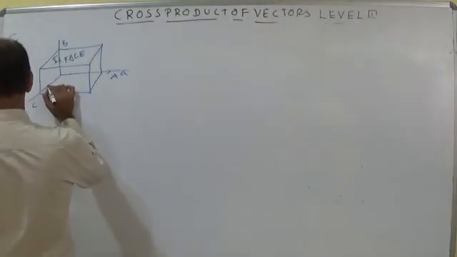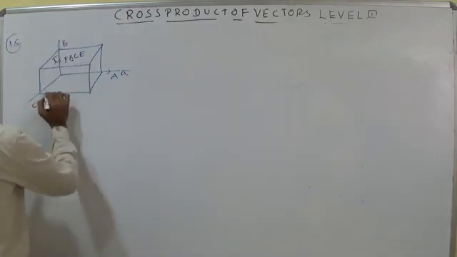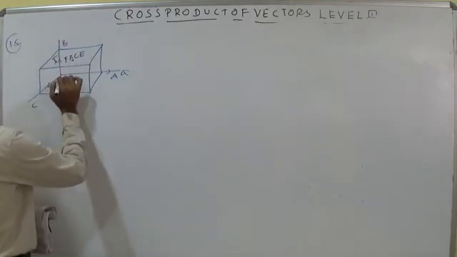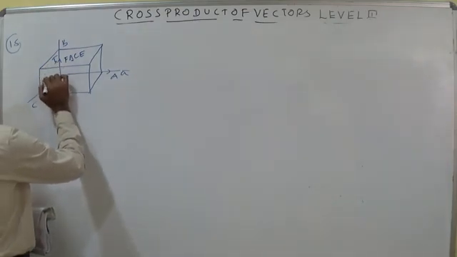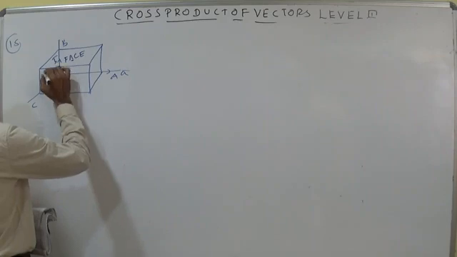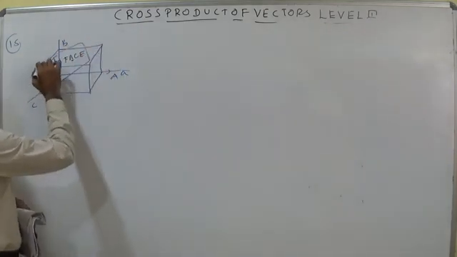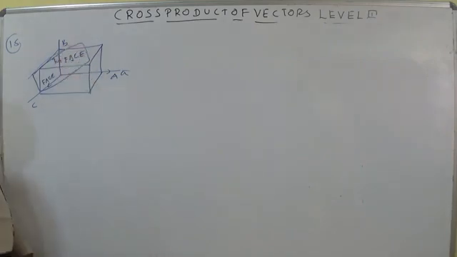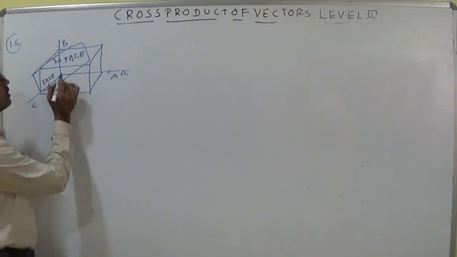This is B bar and this is A bar. The plane containing the face determined by B and C. With these two vectors, a plane is formed, and you should calculate the angle with that plane.